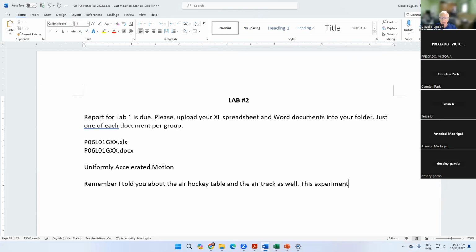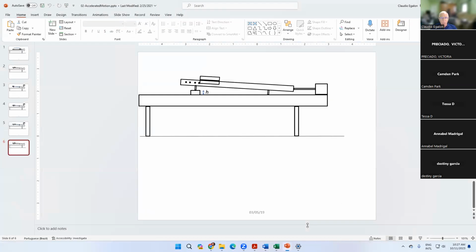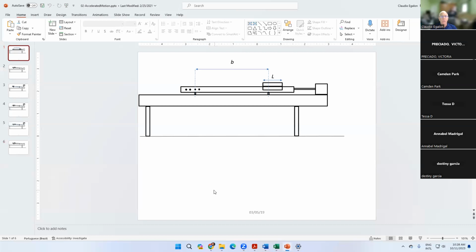This experiment is done with an air track. You already saw a picture of an air track, and it is illustrated right here in my slides. Okay, here's my air track, an actual picture of the air track.